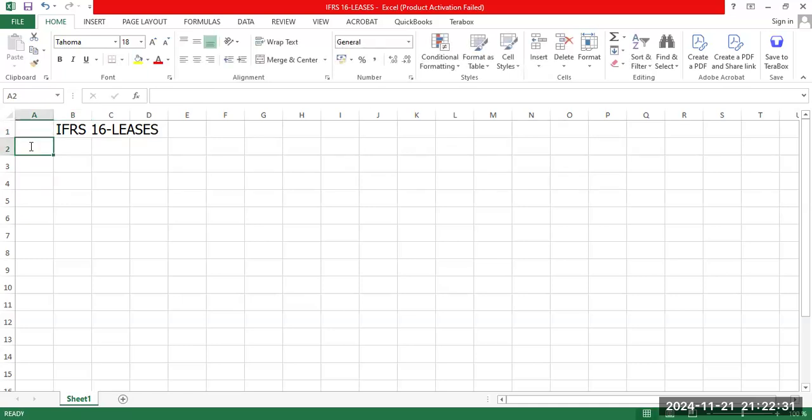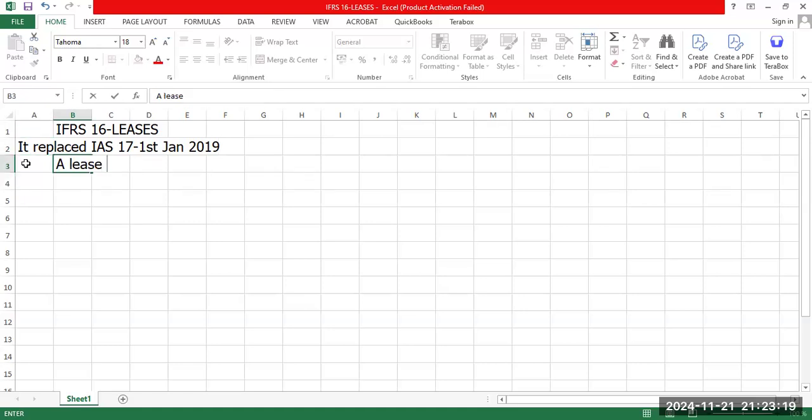Which standard did it replace? It replaced IAS 17, if you recall, and that was effective 1st January of 2019. That's when this standard came in.